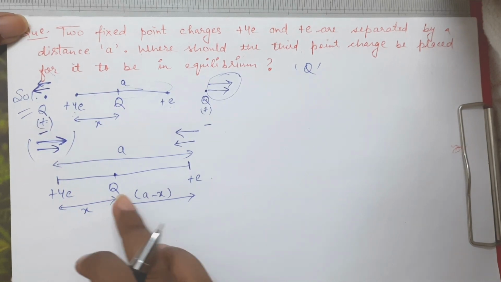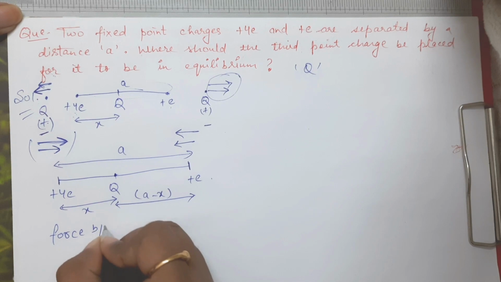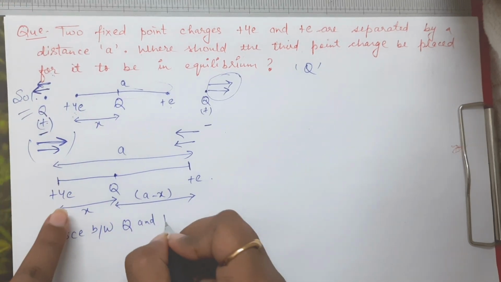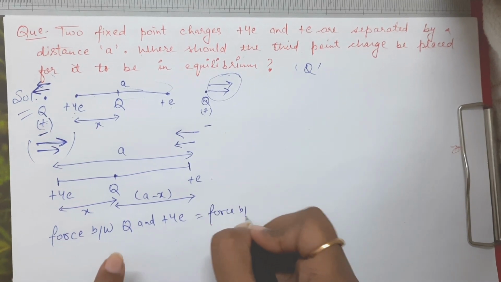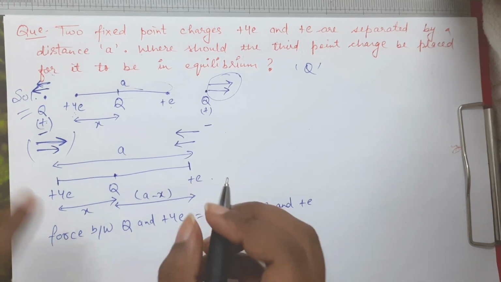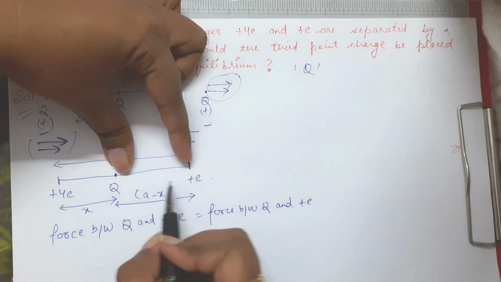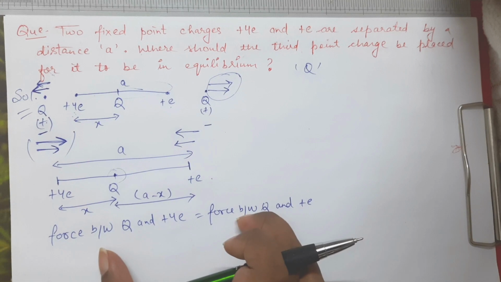So for this charge to be in equilibrium, what should be the condition? The force between this charge Q and this plus 4e should be equal to the force between this Q and this plus e. That means the forces should be equal so that this charge could be in equilibrium.